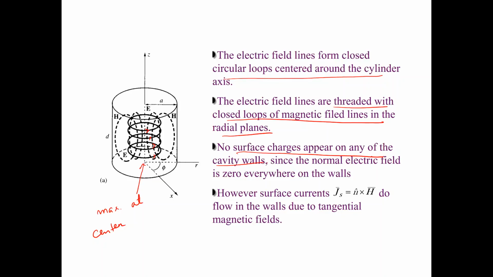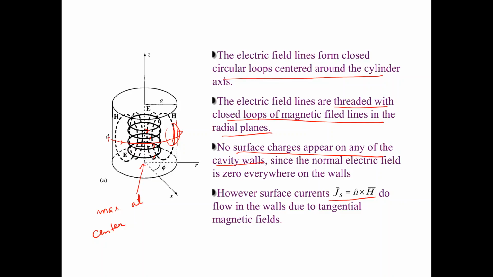So there's no surface charge which would be present there. However, there would be surface current present. So basically, right here, you have H field which is parallel to the boundary, and thus you will create a surface current which will go around that region.